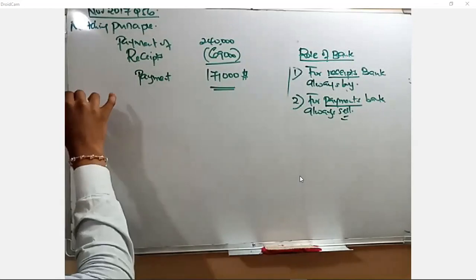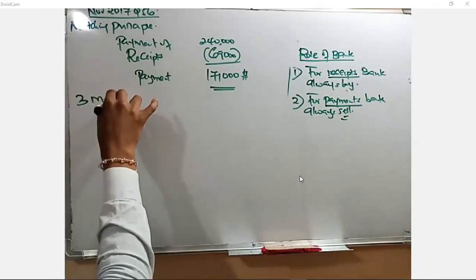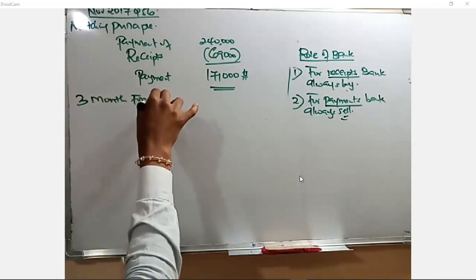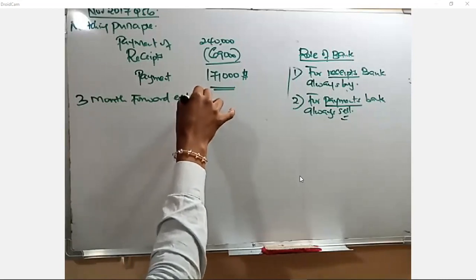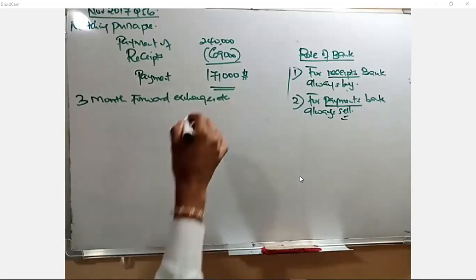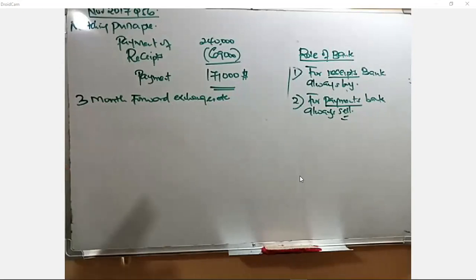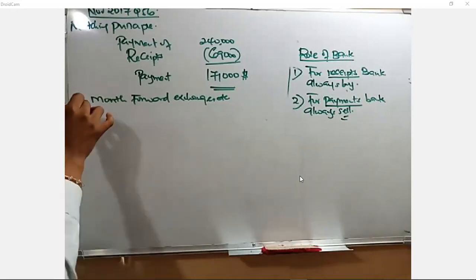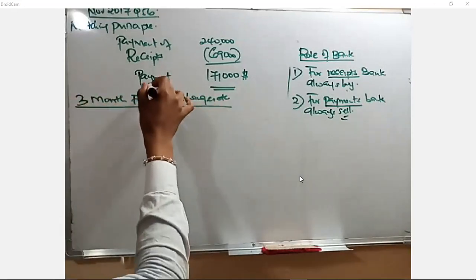The examiner is very wise. He has given you a 3-month forward contract or the forward exchange rate. Remember now, we are just doing the first part for the forward contracts to get our 6 marks. And in this case, because the examiner has given me the 3 months forward contract, remember this is a payment.